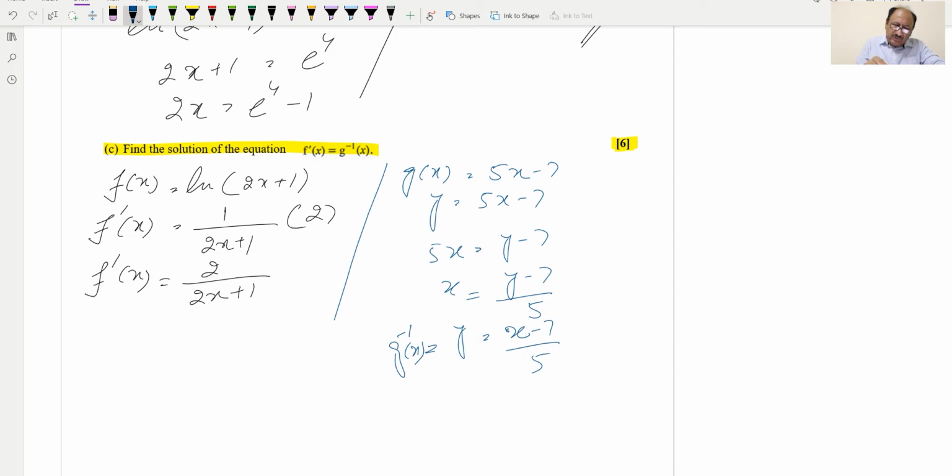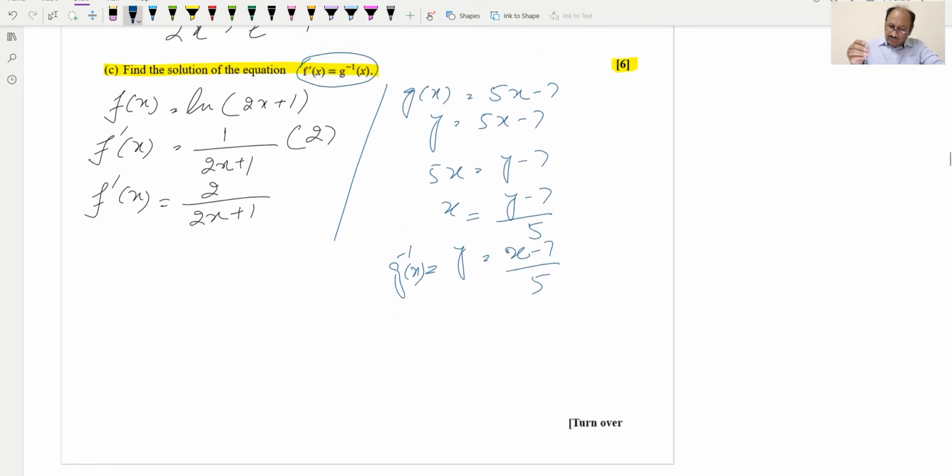Now by the condition of the question, f inverse of x is equal to g inverse of x, we can write this as 2 over (2x plus 1) is equal to (x minus 7) over 5, and we can cross multiply.